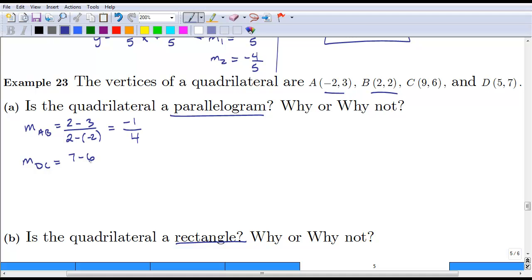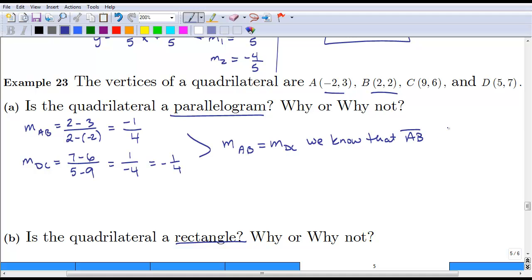So we've got 7 minus 6 over 5 minus 9. Again, we come up with 1 over negative 4, which is still negative 1/4. So since m_AB equals m_DC, we know that line segment AB is parallel, using the shorthand for parallel, to line segment DC.